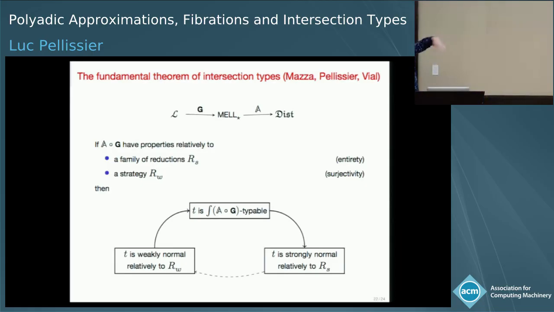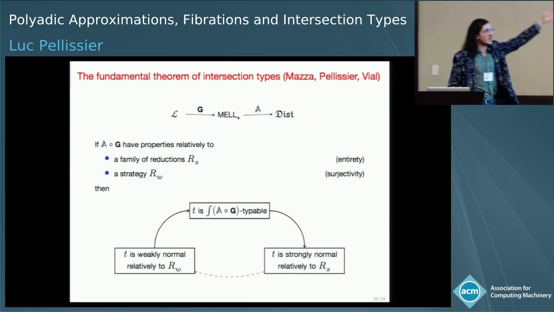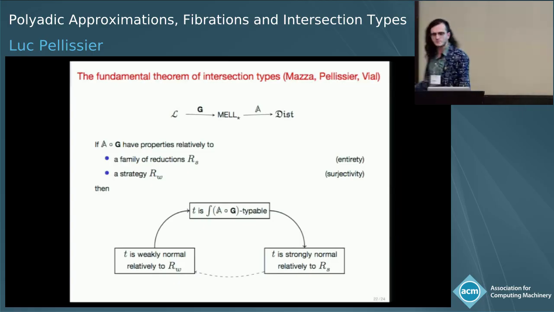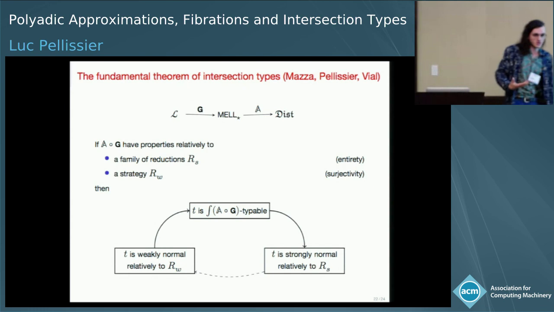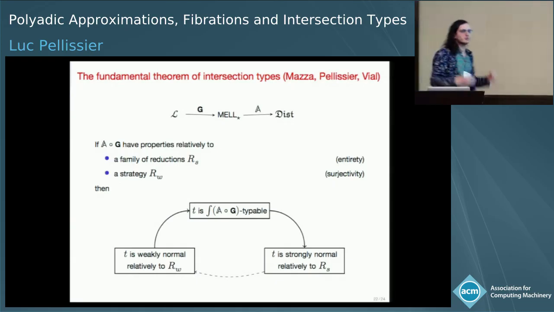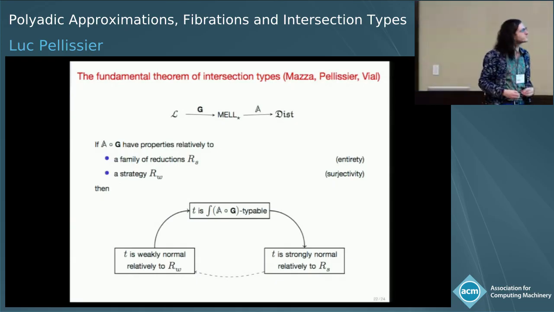So, how do we read it? Every time we have a language, L, that can be translated into linear logic in a meaningful way, and every time we choose a way of approximating linear logic, that is, by putting more or less structural rules in it, we have a notion of approximation for our language.